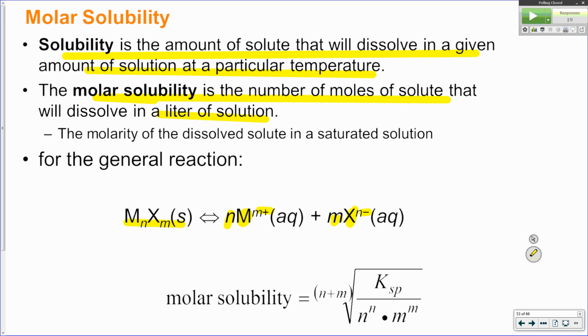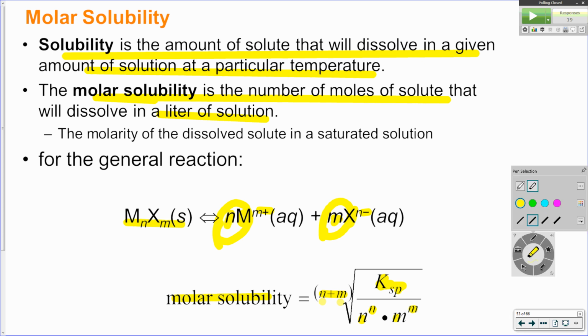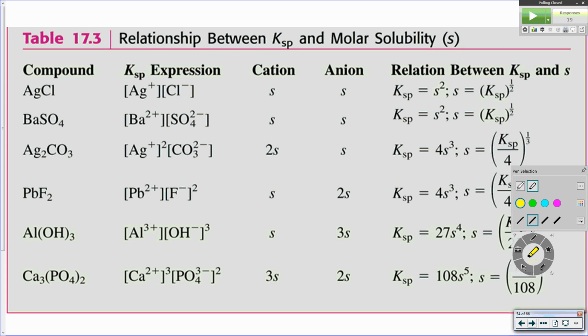And the generic expression that calculates the molar solubility is the root of KSP divided by n to the n power times m to the m power, where these represent the stoichiometry numbers. And then you take the n plus m root of that. Okay, I know that's, what the heck did you just say? I'm going to show you one in a second.